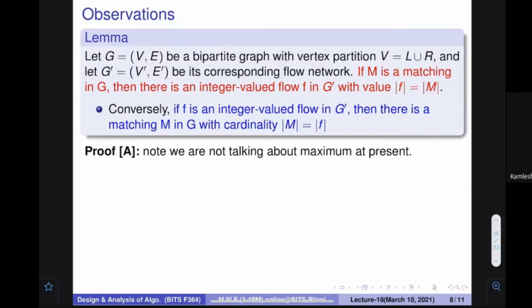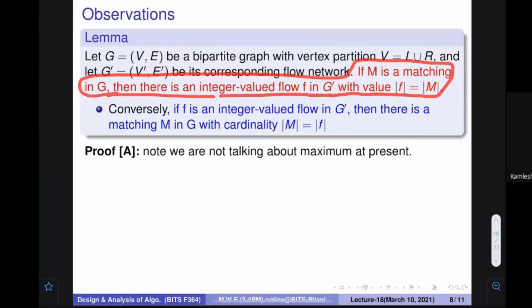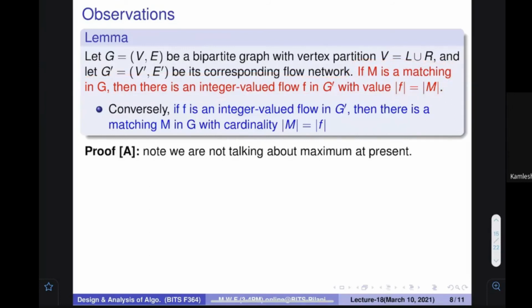Now the red thing is very important. Only one line, please read it. If M is a matching in G, if you come up with any kind of matching in G, then there is an integer valued flow f in G' with the value of the flow equal to the size of M. What do I mean by this?